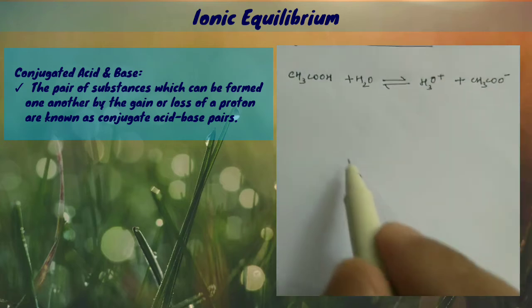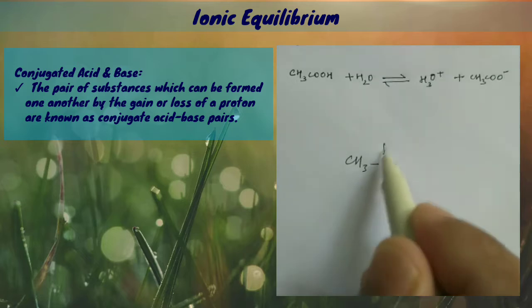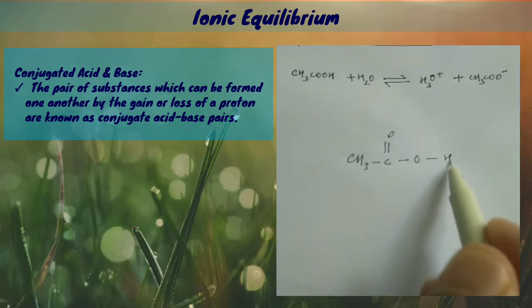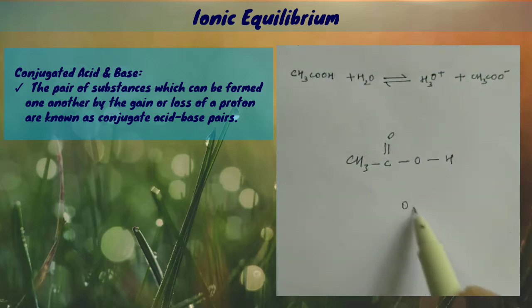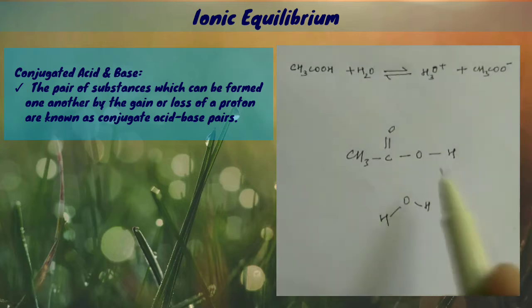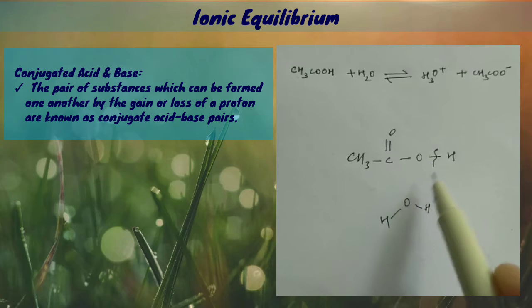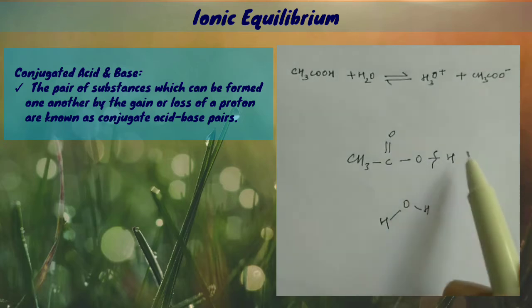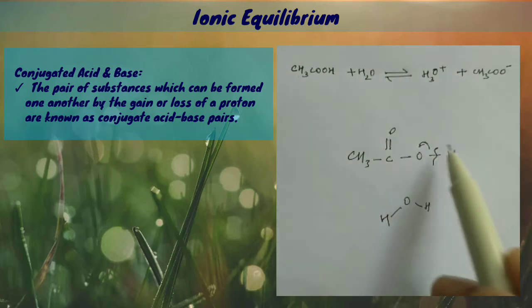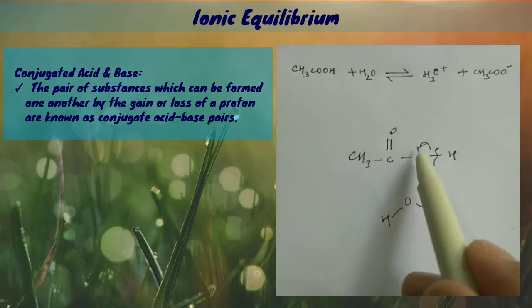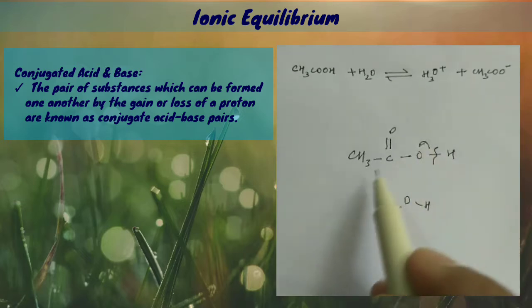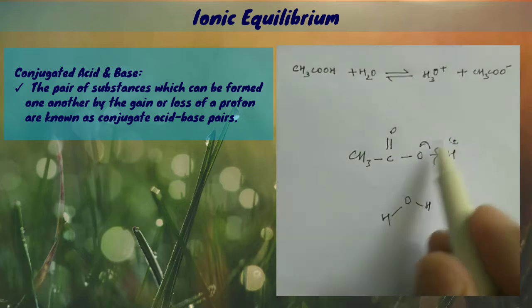The structure of CH3COOH will be like this, and this is water, H2O. In acetic acid in water, this bond will break, and the electron will come here, and this becomes positive and this becomes negative.